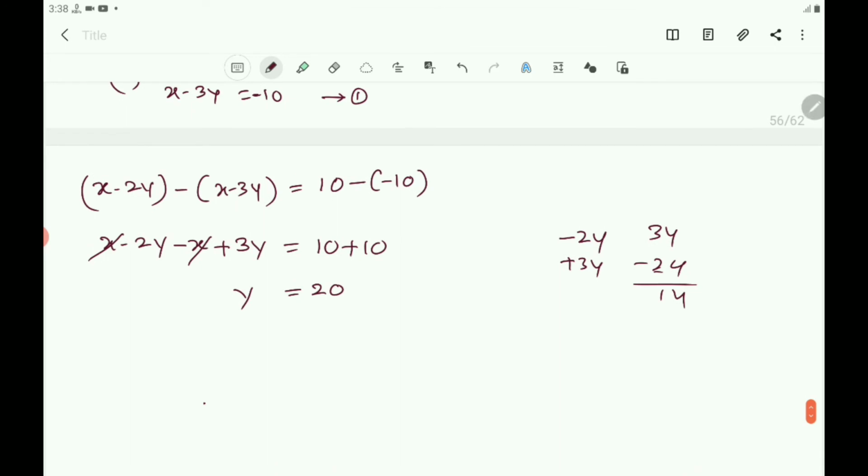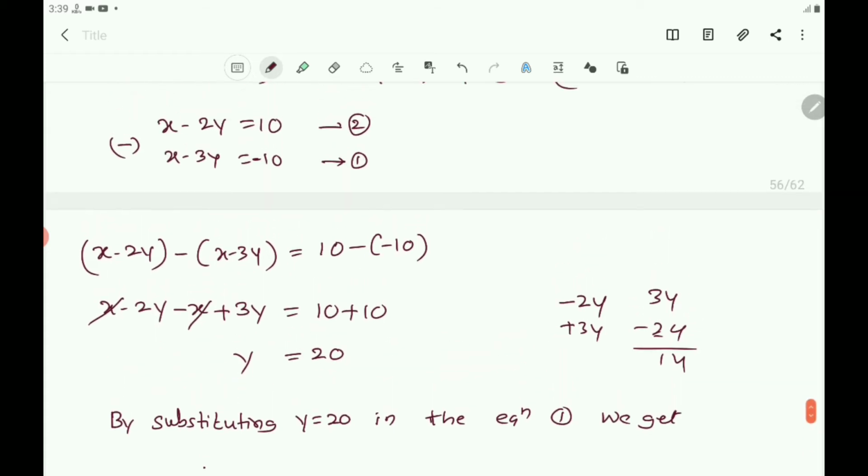So you write, by substituting y is equals to 20 in the equation first. What is the first equation here?